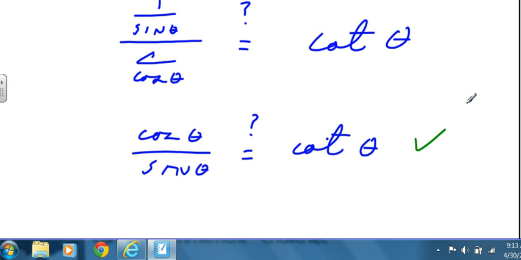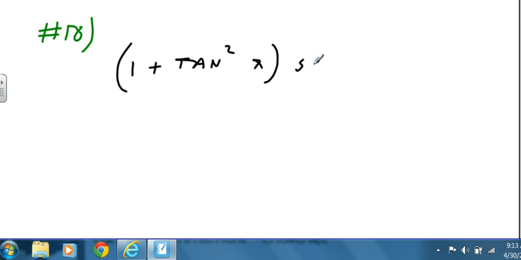That's 18. We'll move on to 18. 1 plus the tangent squared of x times the sine squared of x is supposed to equal the tangent squared of x.